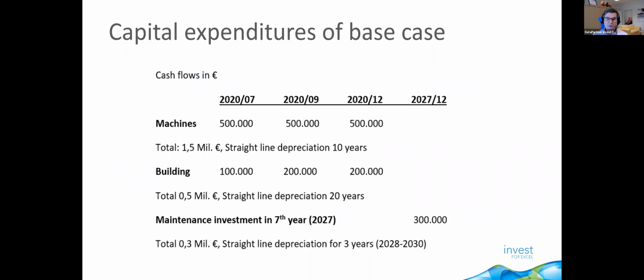Then I have a list here of different investments to be made in machines and buildings, and then there's a maintenance investment after 7 years, which we will also include and model. The investment will be put according to payment schedule, so we get a more accurate result that way.